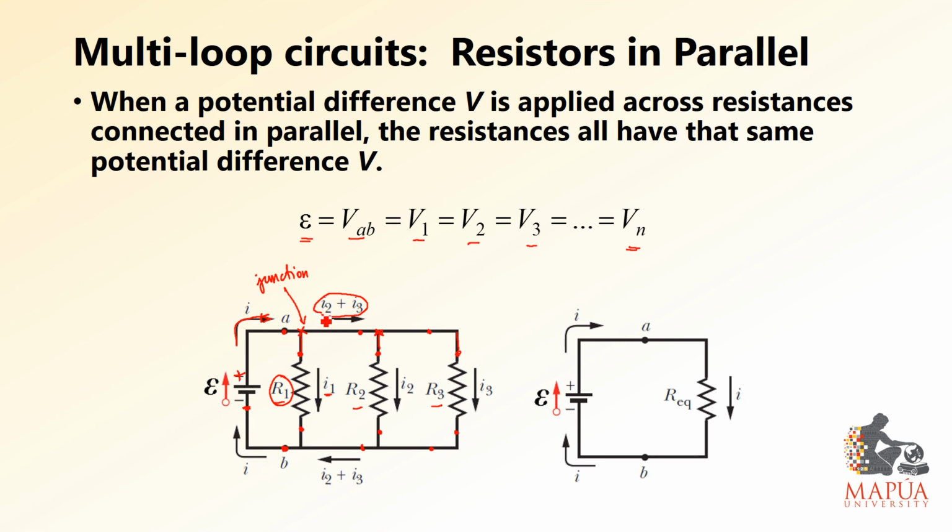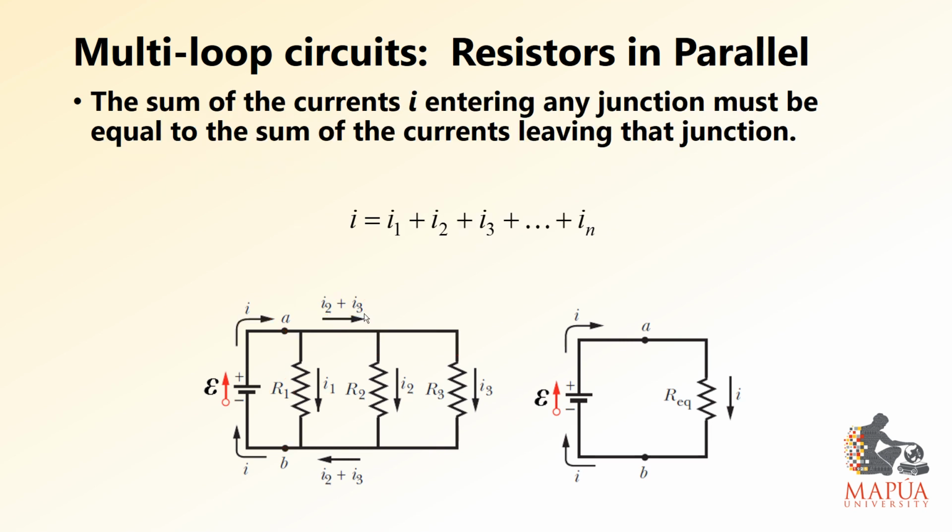And that is because of the concept of conservation of charge. By conservation of charge, the sum of currents entering any junction must be equal to the sum of the currents leaving the junction.